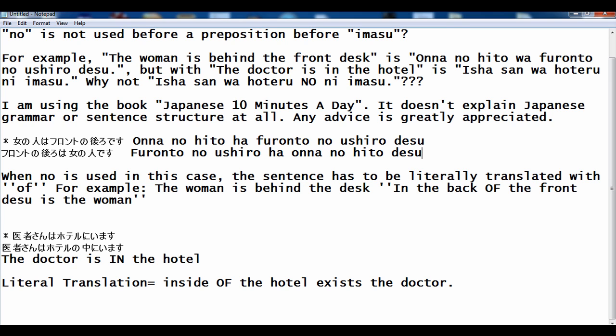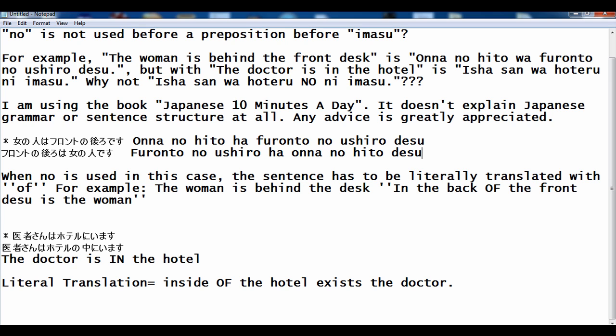I'm just doing this literally right now: fronto no ushiro wa, as far as behind the front desk, onna no hito desu, there exists a woman. Or you can translate this as the woman is in back of it. The woman is in back of the front desk.